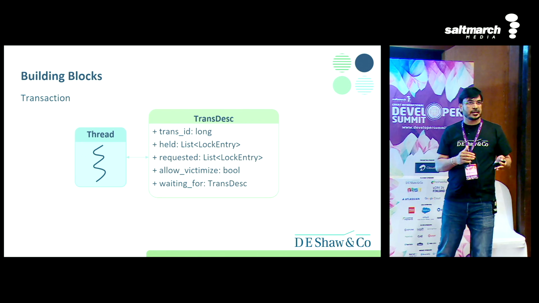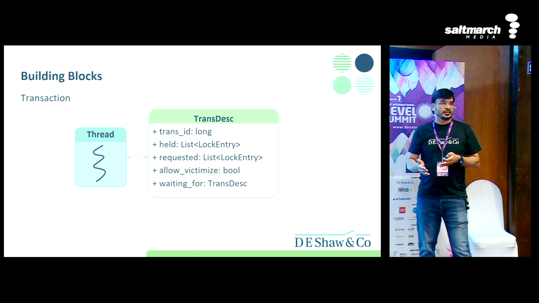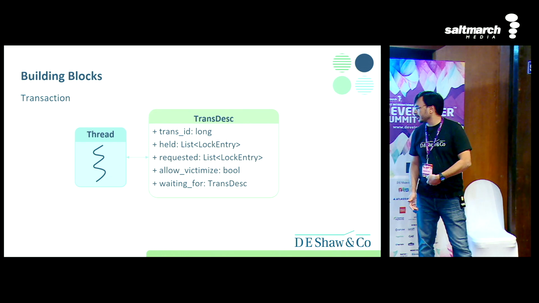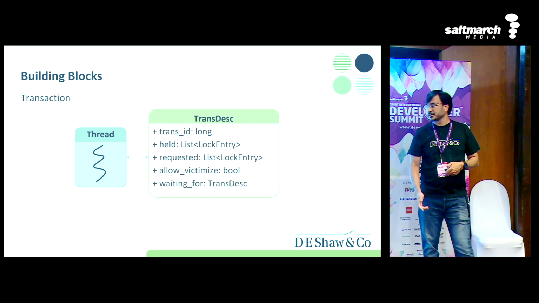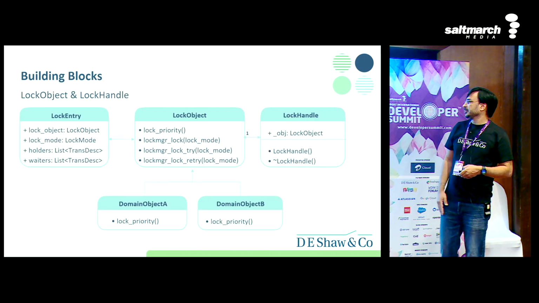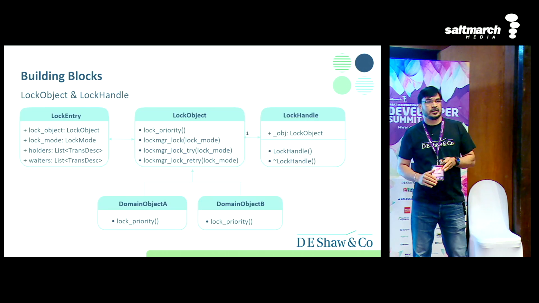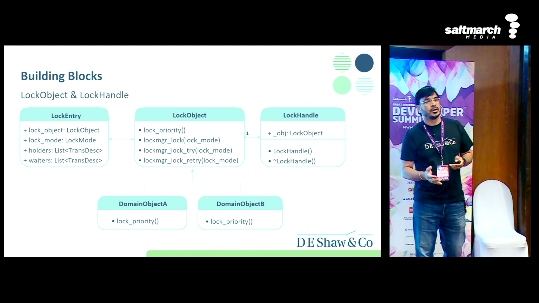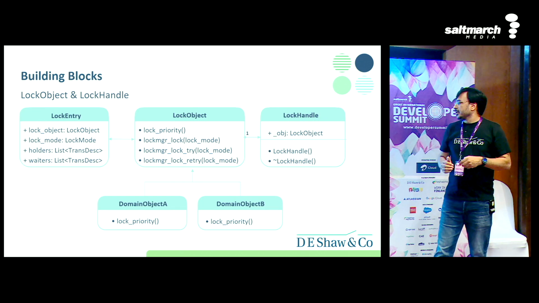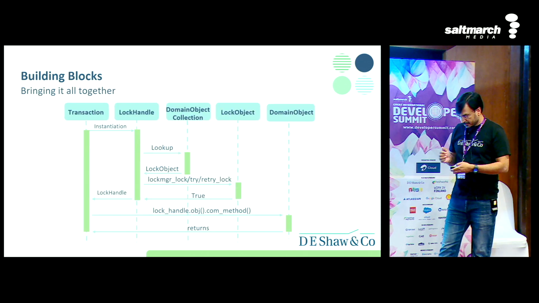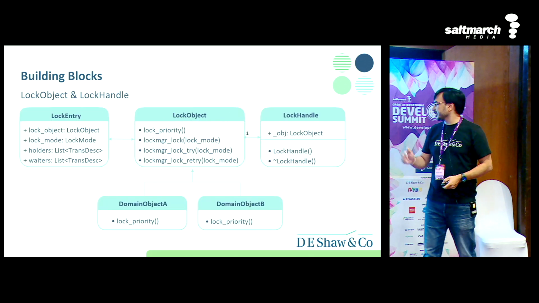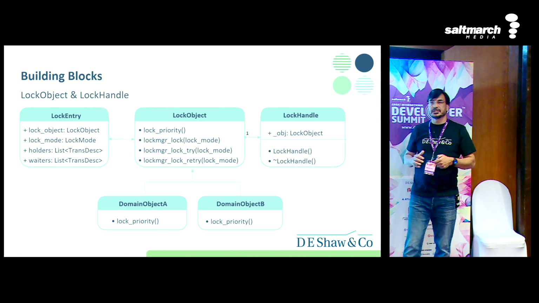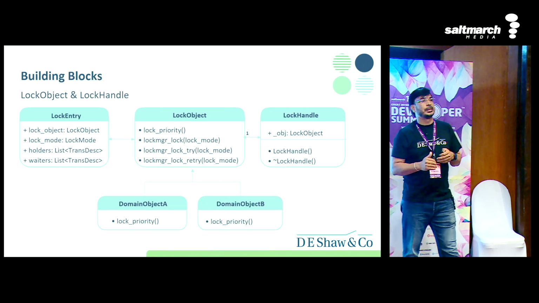After this, if a transaction is going to wait on another transaction because the other transaction is holding the lock, it will have the wait for member populated with that other transaction. Next comes the lock object, where any domain objects in your application whose access you want to protect can extend from lock object. This is the base class which forms the core, where we will be doing the validations.